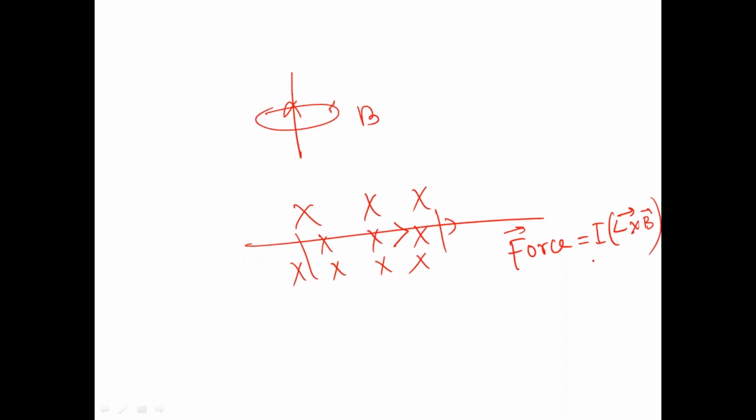And the magnetic field for a long wire you can find using Ampere's circuital law, that is B = mu naught I by 2 pi R, where R is the radius of this Amperian loop. So these are the things we have already learned.